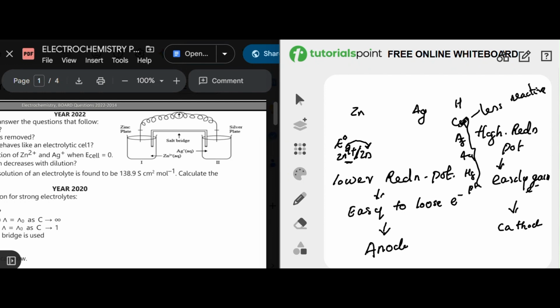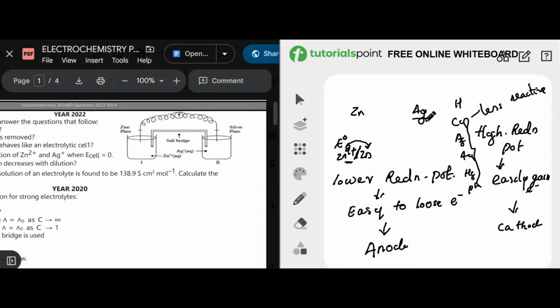So here silver is a low reactive metal, and zinc is a high reactive metal compared to silver. Without the reduction potential value itself we can understand that silver will be cathode.